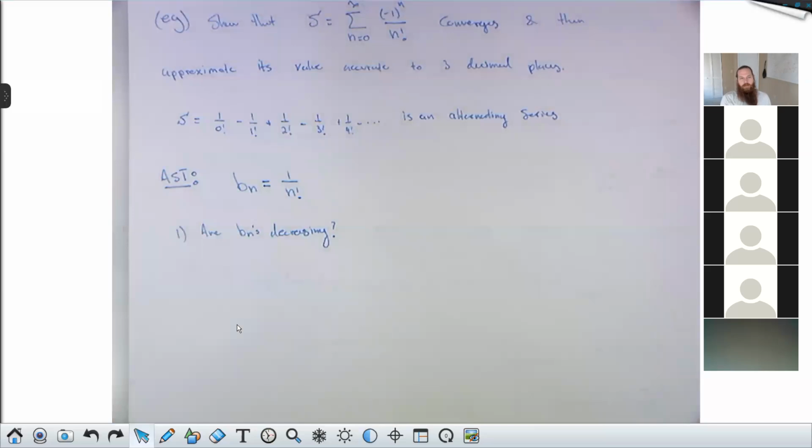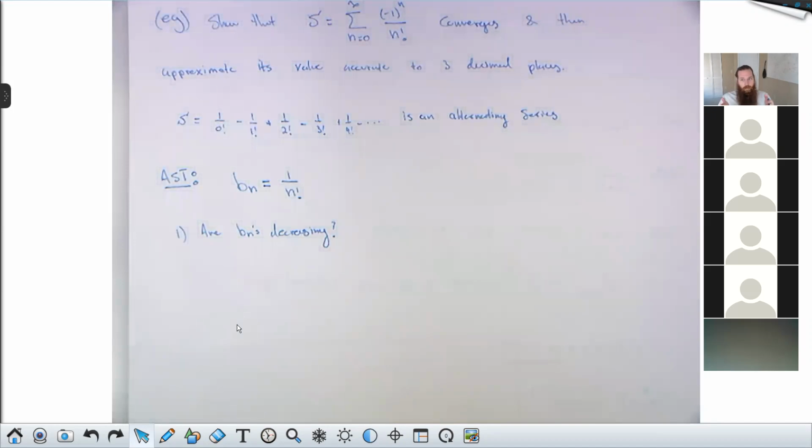First, are the BNs decreasing? How would you guys like to show this? Wouldn't they be decreasing? Since I'm thinking of the picture, but that's just me. Well, so I need to show that the BNs are decreasing. Remember, with the alternating series test, we have to show that these two things are true, and then we can conclude that the series converges.